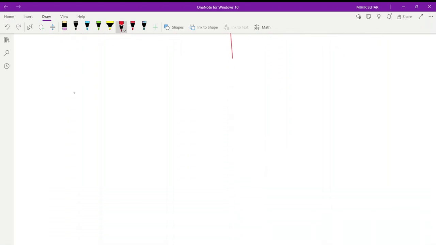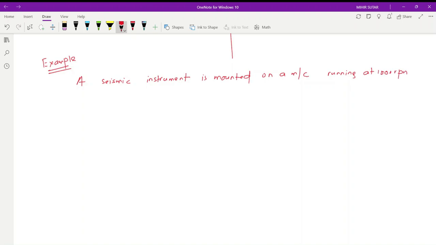Let's say the question is given: a seismic instrument is mounted on a machine running at 1000 RPM.